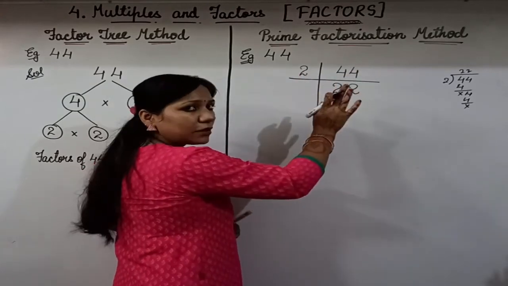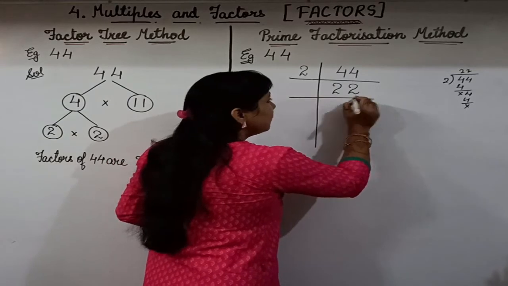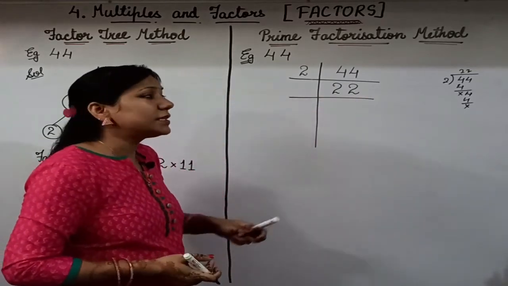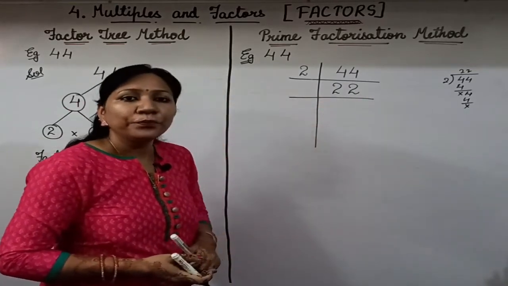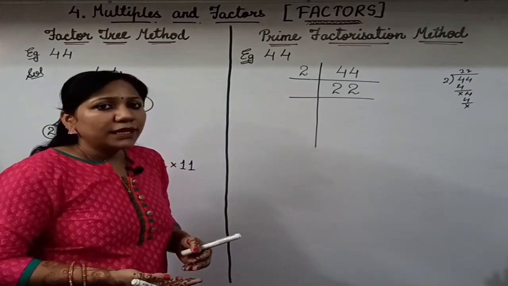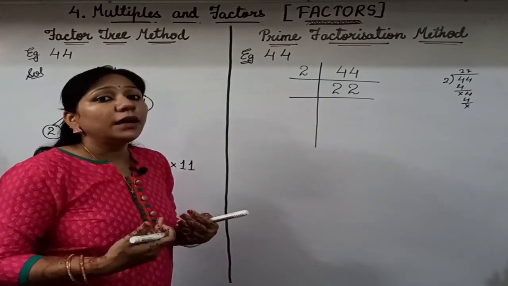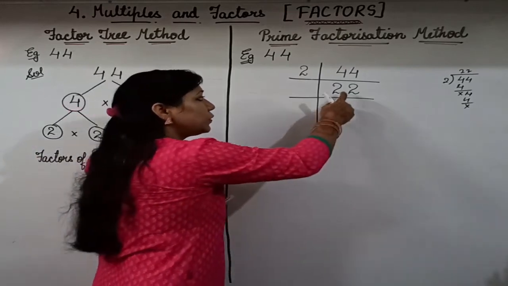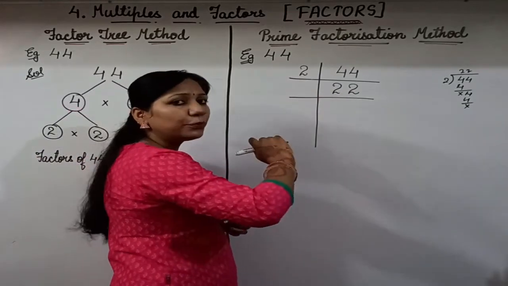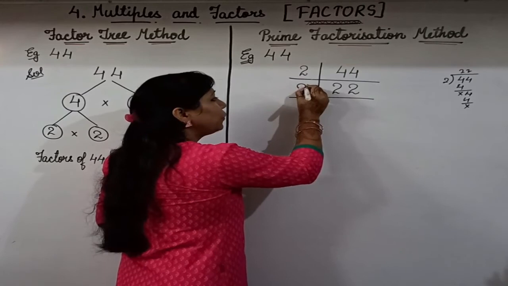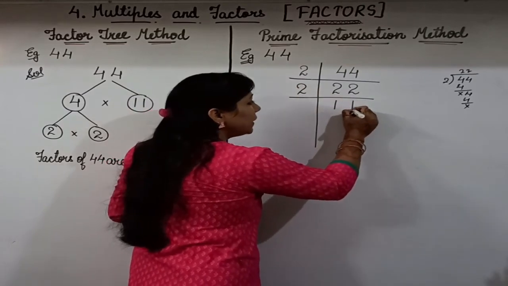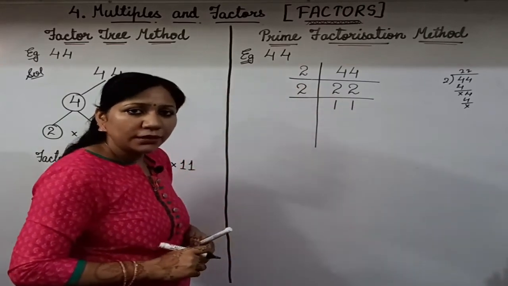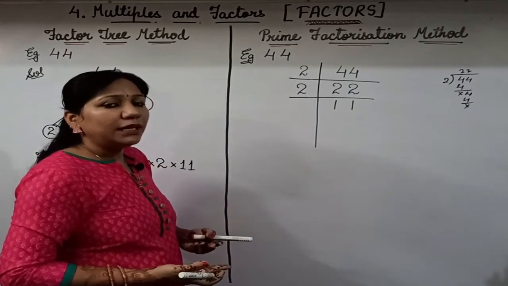Now the method is not yet done. Let us find any other number which divides 22. Once again, let's start with the smallest prime number, 2. Is 22 divisible by 2? The answer is yes. 2 11s are 22. Done. Now let us find any other number.